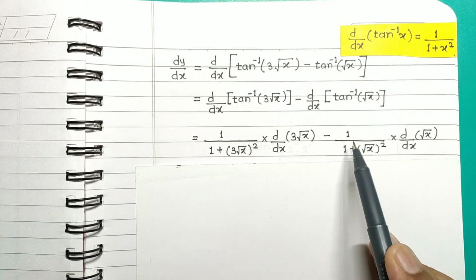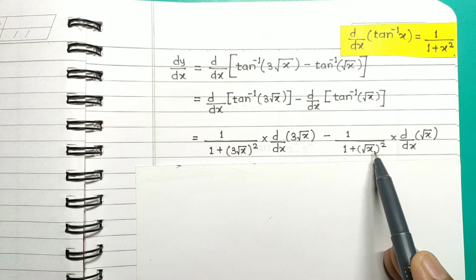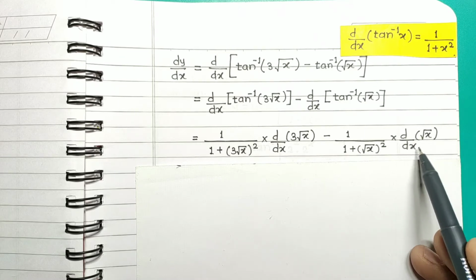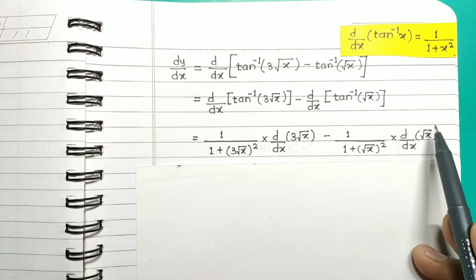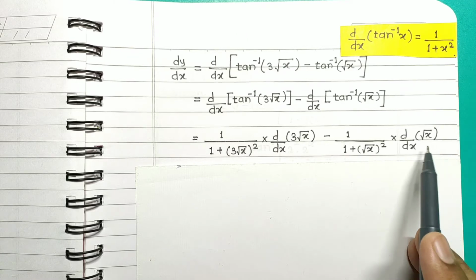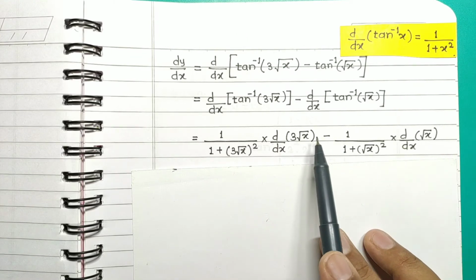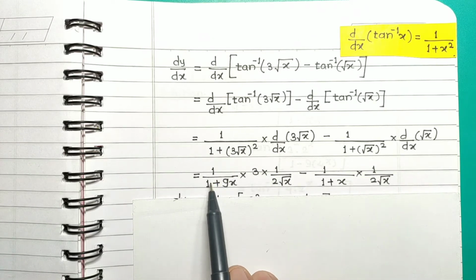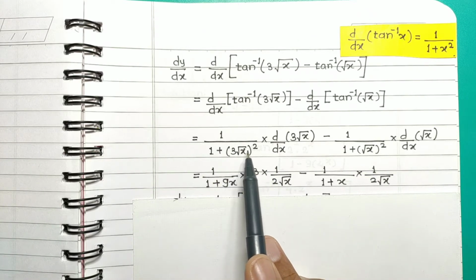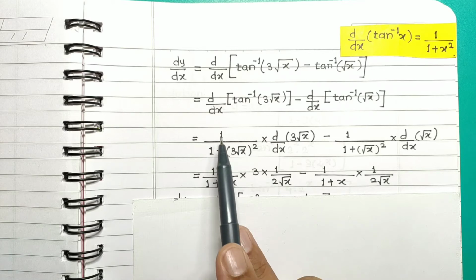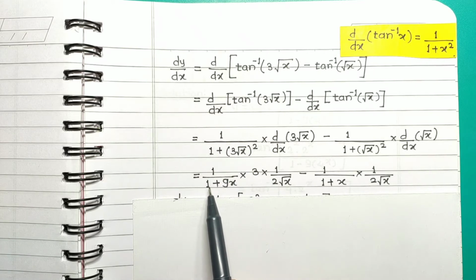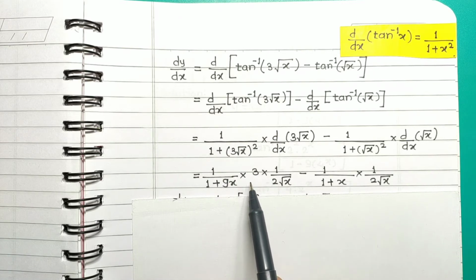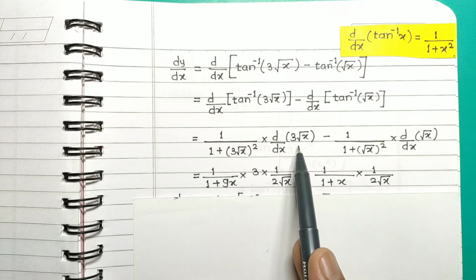So its derivative is 1 upon 1 plus something square into the derivative of something, and the something function is root x here. Okay, so to the next step, let's evaluate these two derivatives. So we have 1 upon, see, 3 root x bracket square is 9x. So for this term we can write 1 upon 1 plus 9x into the derivative of 3 root x.